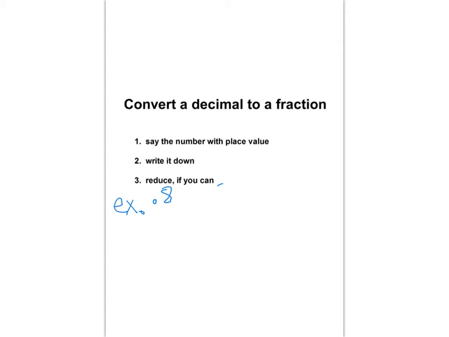That is read 8/10 because the 8 is in the 10th spot. And then if we can, we reduce it. We can divide those both by 2. So 0.8 as a fraction is 8/10, simplified down to 4/5.